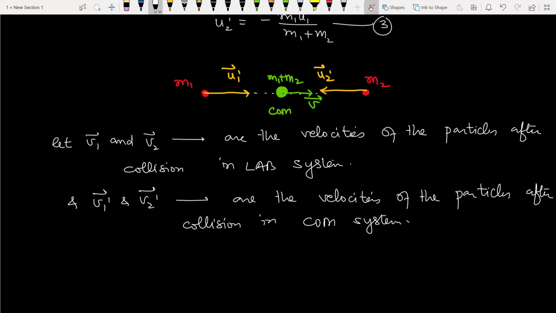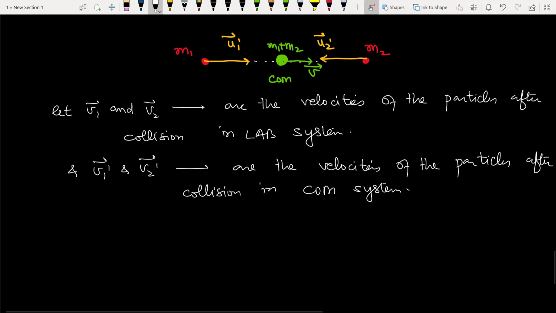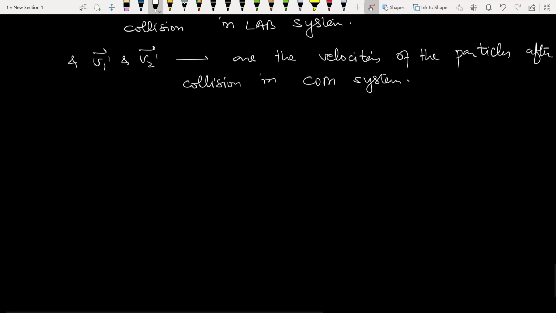So now we again have two systems in elastic collision after collision, lab system and center of mass system. In lab system velocities are without dash, and in center of mass system velocities are with dashes.